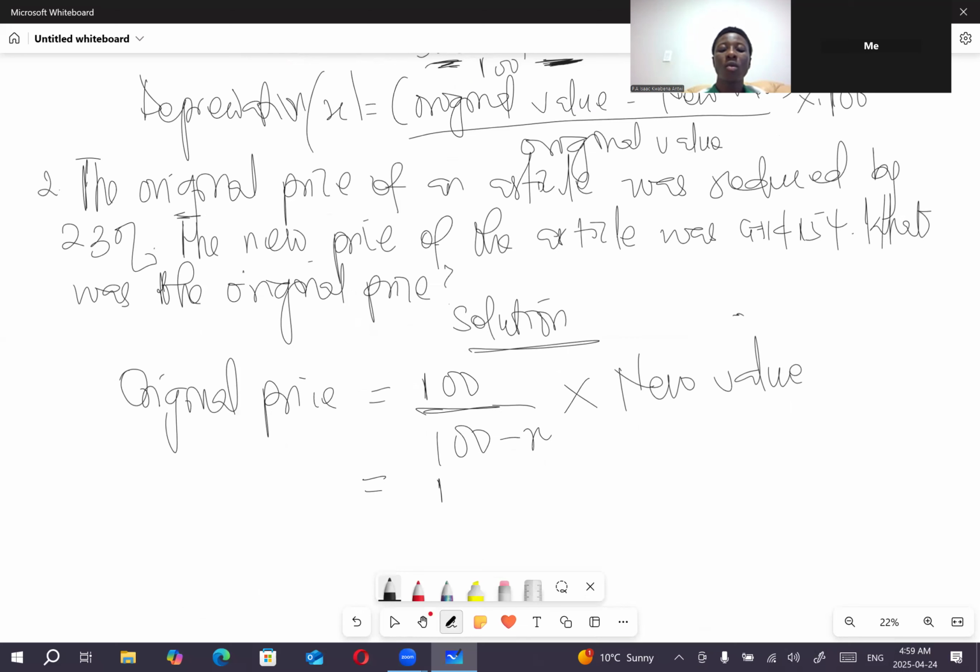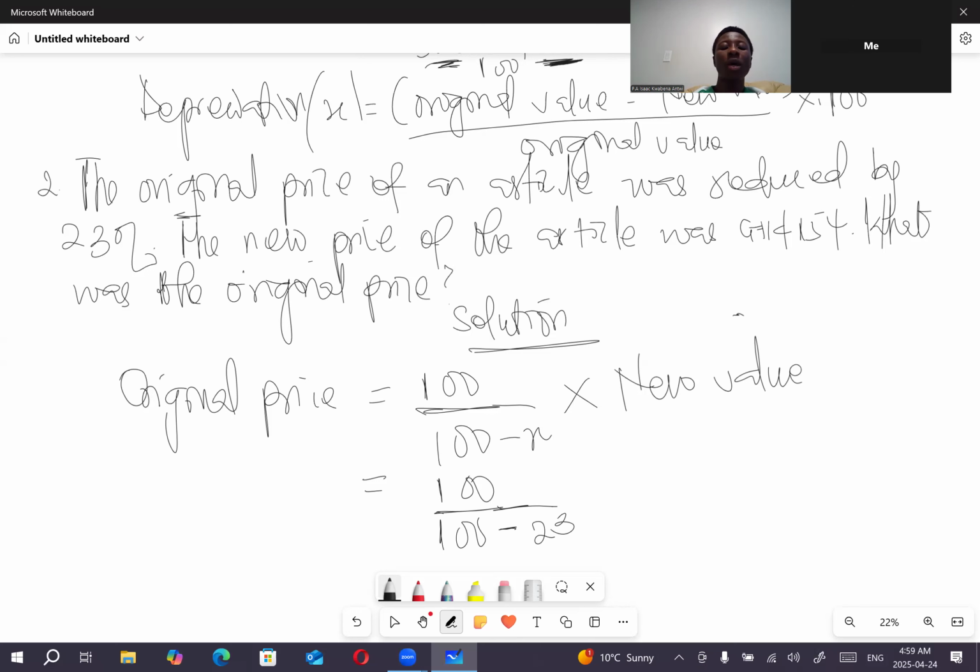So that's going to be 100 over, the question says find the original price, so 100 minus x. What is x? X is the depreciation rate, right? It's 23. Do not bring the percent. Because if you remember the mother formula, which is formula 1, we knew that all the rates are in percent, so we divided by 100 to do away with the percent.